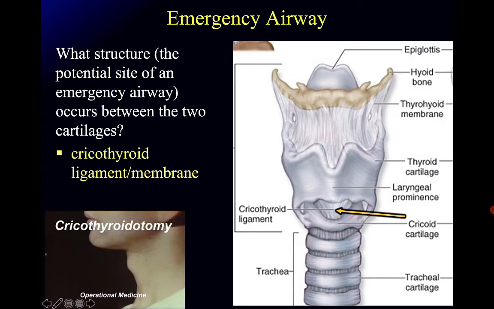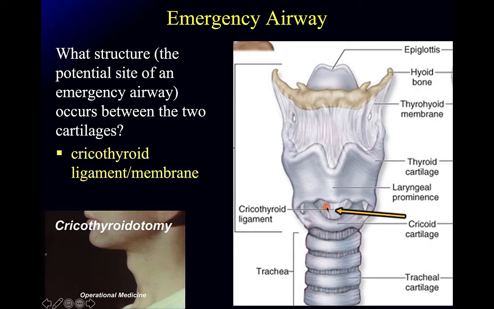Now it ends up that there's an important structure in between those where we can actually form an emergency airway. So it's important to recognize that a more permanent airway would be placed down lower in the trachea between the rings of tracheal cartilage, but an emergency airway can be done here in this cricothyroid ligament, or sometimes referred to as the cricothyroid membrane.